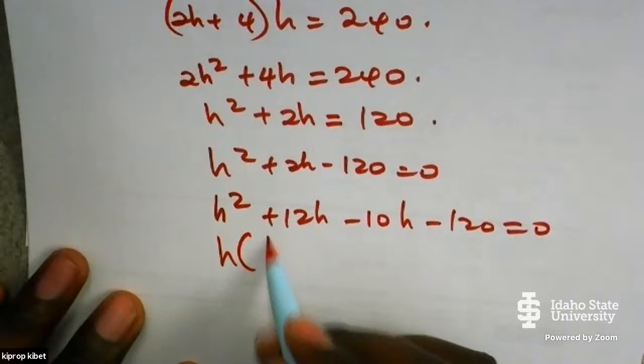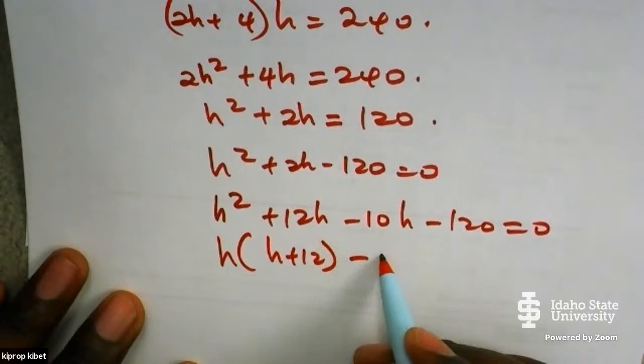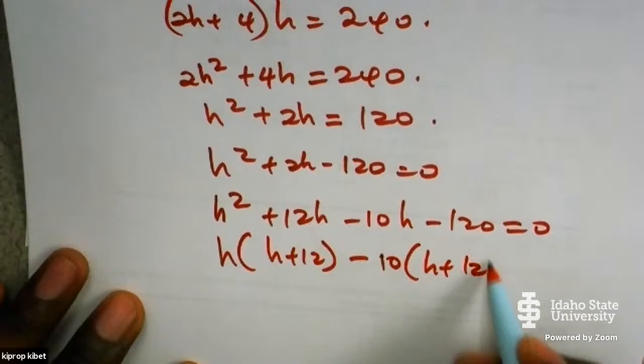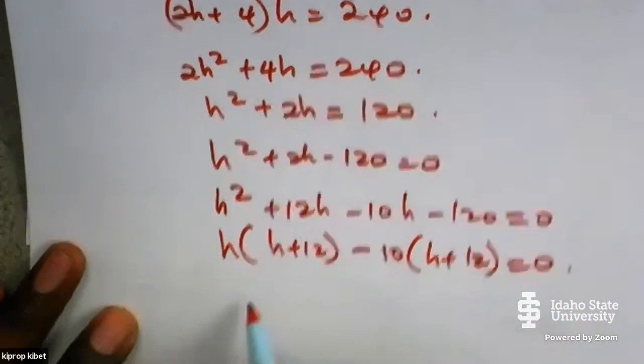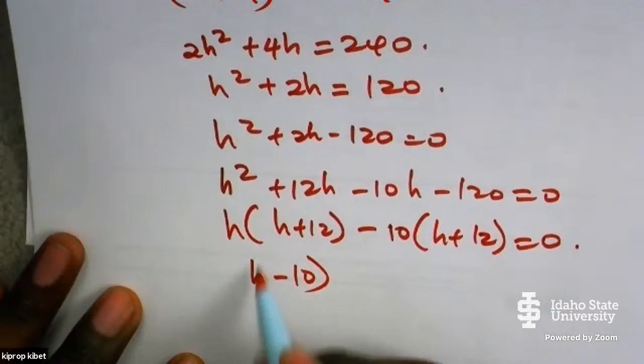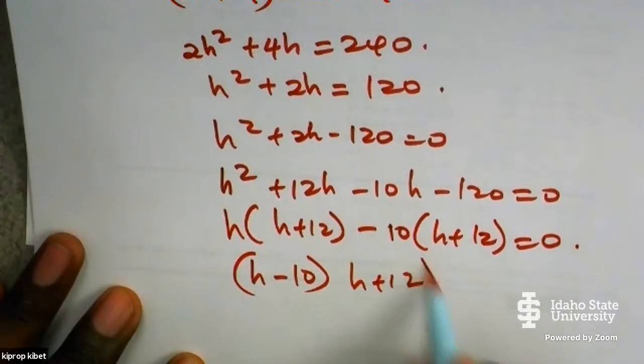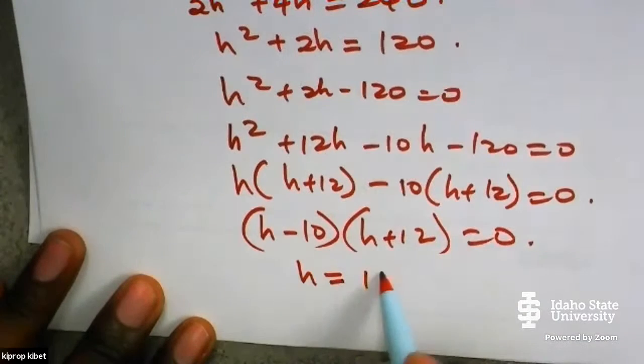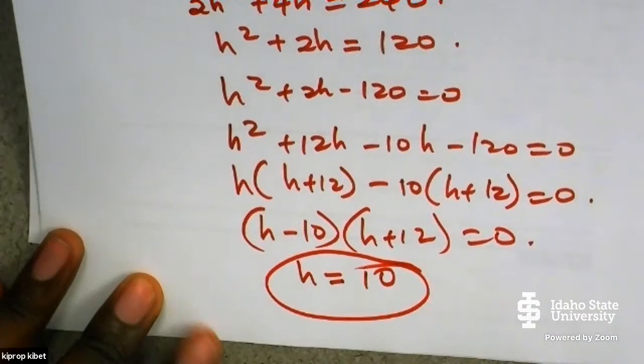So h minus 10 times h plus 12 equals 0. So h will be what? So h will be 10.